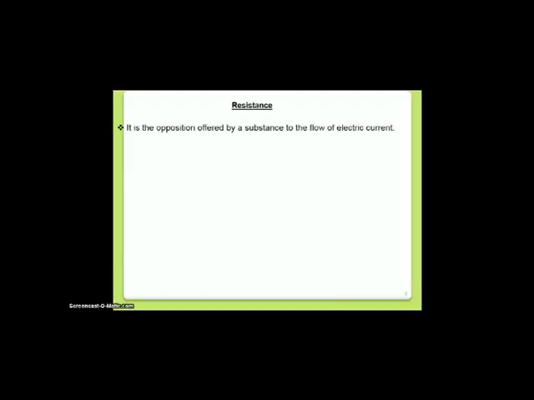What is resistance? It is an opposition offered by the substance to the flow of electric current. If we consider the voltage as the source or the power or the energy which gives rise to the flow of electrons, that is the current, resistance can be considered as a force trying to resist the flow of electrons.